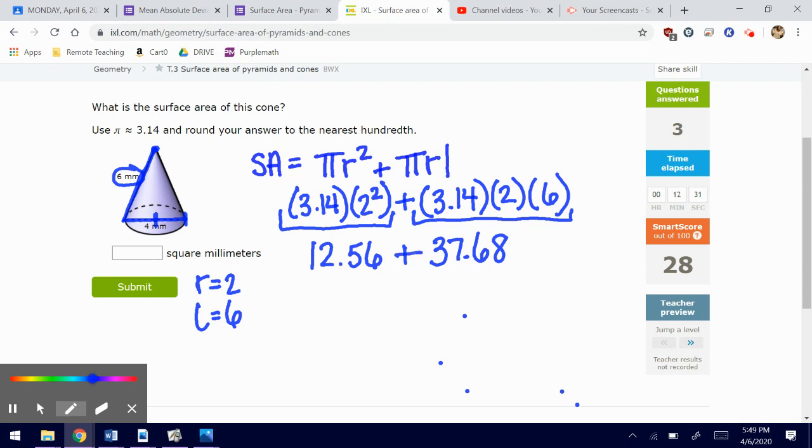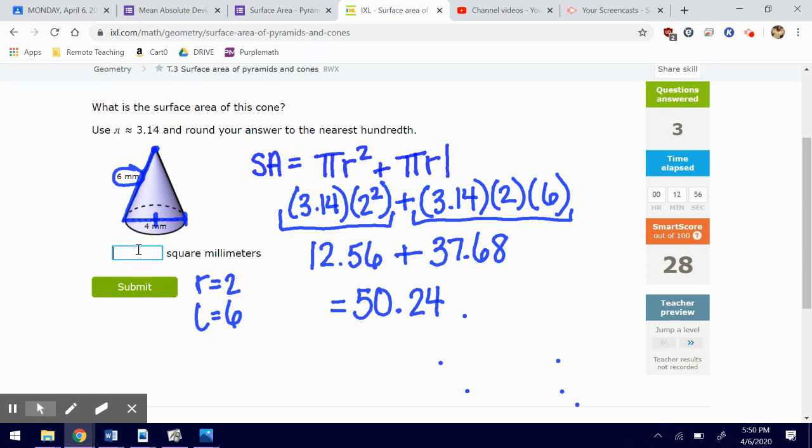And now I'm going to add those two together because I just brought my plus sign down. 12.56 plus 37.68. And that's going to give me a total surface area of 50.24. My calculator stopped after the 0.24, so I don't have to round. So 50.24.